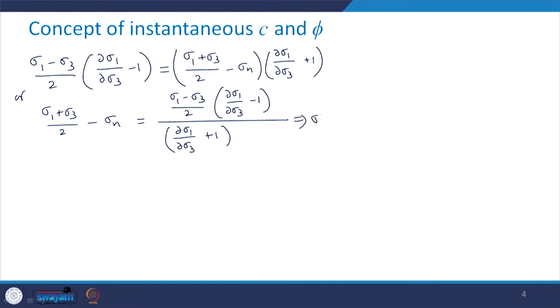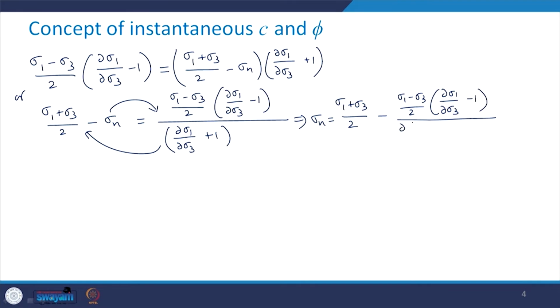Or sigma n can be written as sigma 1 plus sigma 3 upon 2 minus this whole quantity. So, what I am doing here is taking this quantity here, and what we are going to get is (sigma 1 minus sigma 3 upon 2)(del sigma 1 del sigma 3 minus 1) divided by (del sigma 1 del sigma 3 plus 1). That is how we are going to get this.